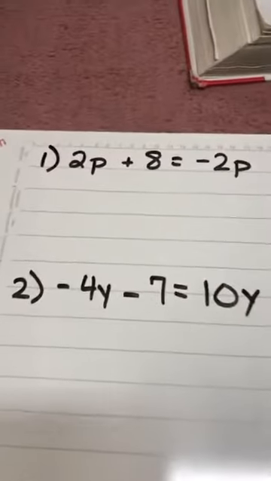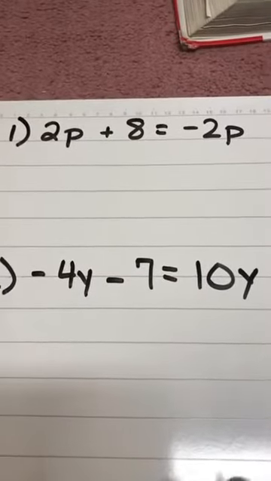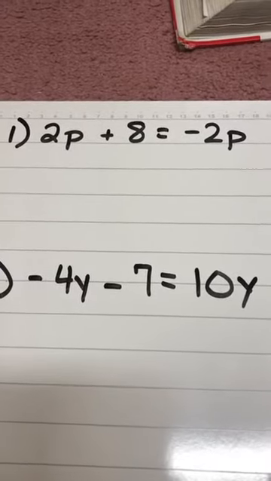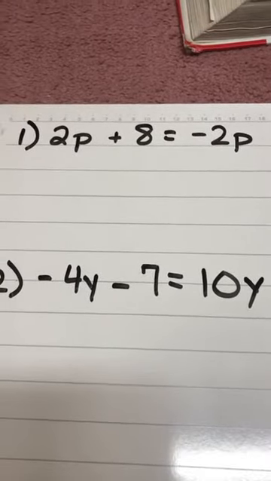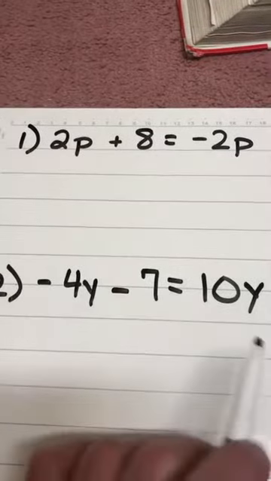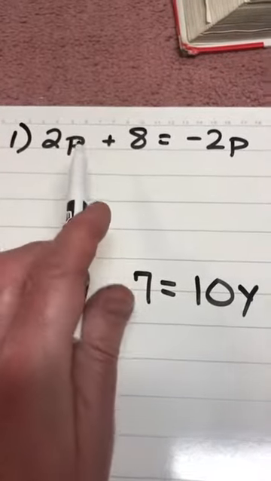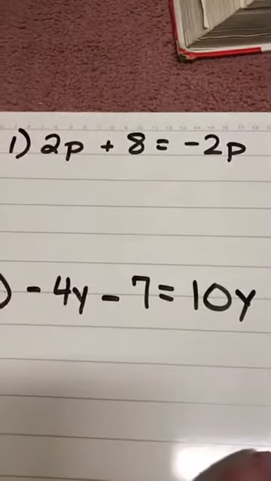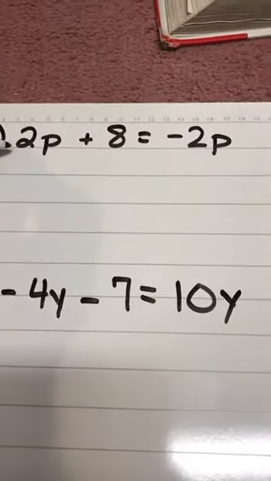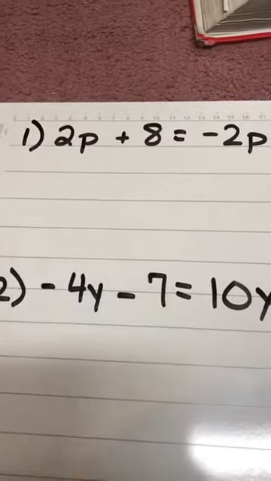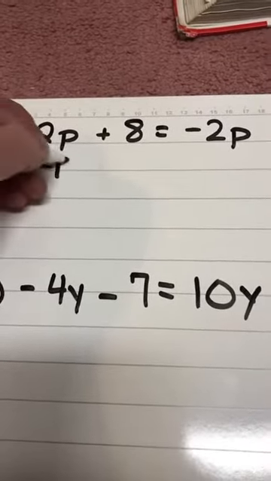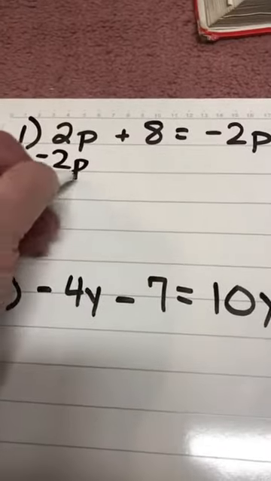Let's look at example number 1. 2p plus 8 equals negative 2p. So obviously, like we said, we talk about isolating the variable, getting everything with the variable on one side of the equation and getting everything else on the other side of the equation. So I'm envisioning this here, and I'm going to subtract negative 2p from both sides.